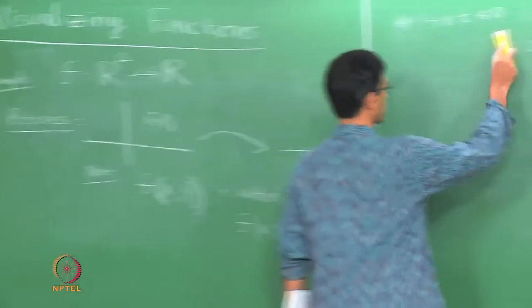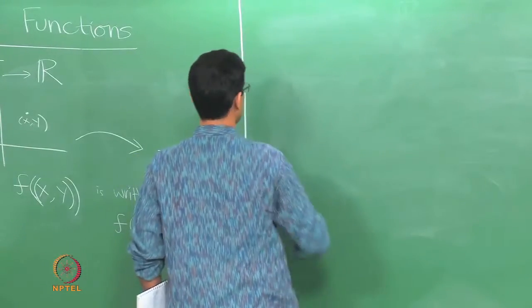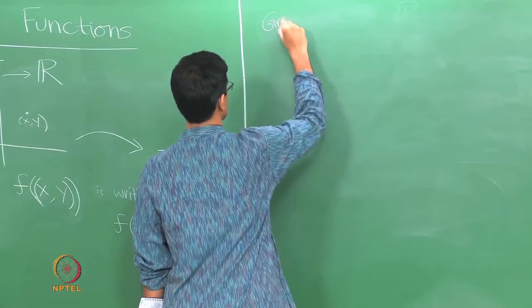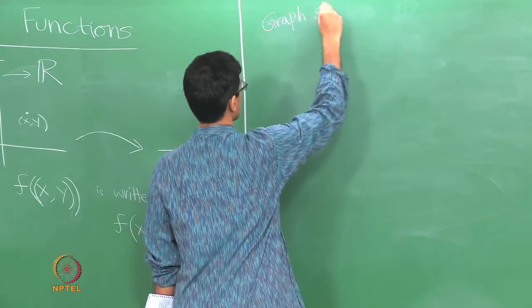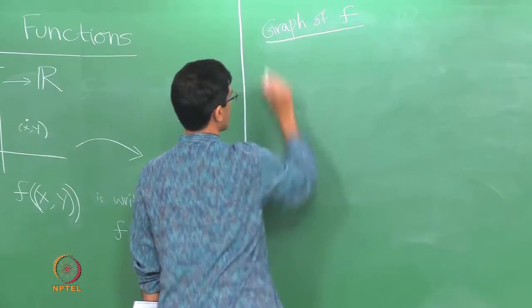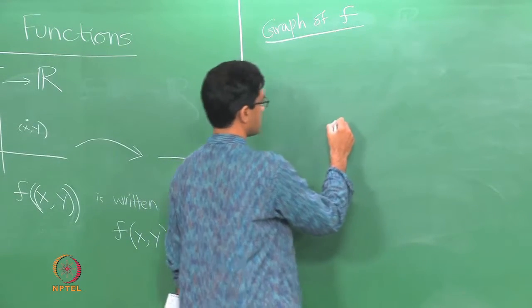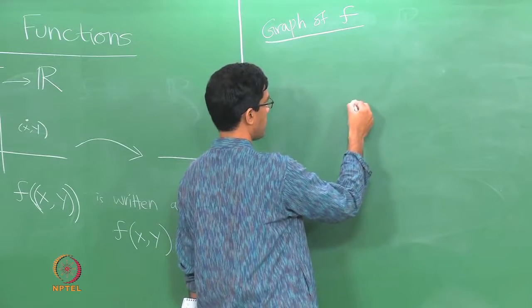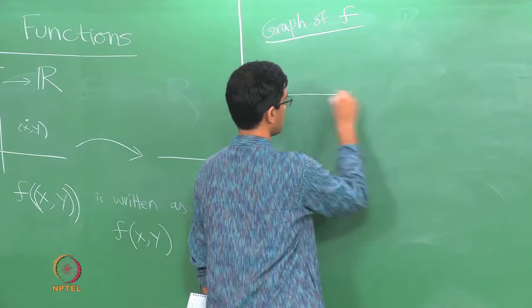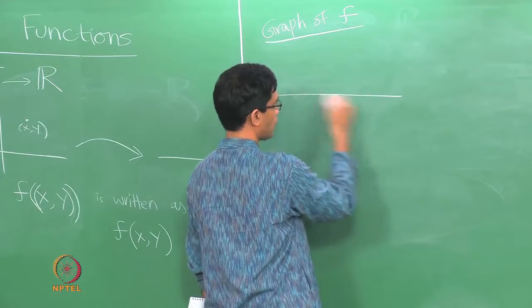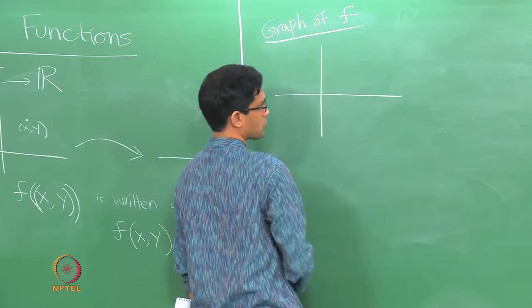Well, the first picture is of course just the graph itself. What is a graph? Well, recall what the graph meant in the case of a function from R to R. On one axis you drew the domain, and on the other axis you drew the codomain.